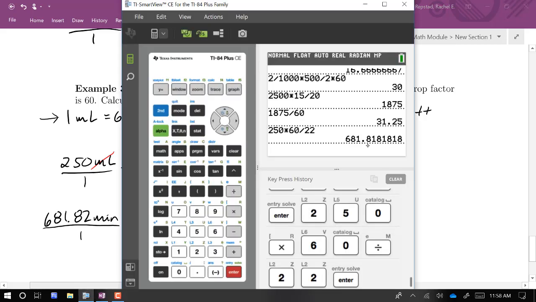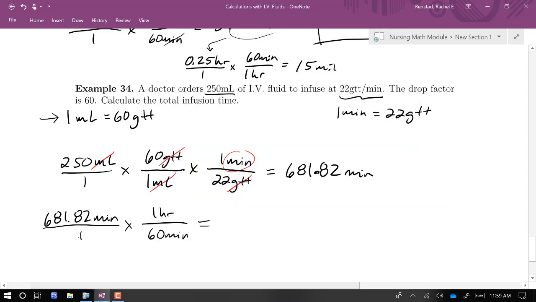And I'll just keep this value in and divide it by 60 automatically because it recalls that value. We have 11.36 hours.